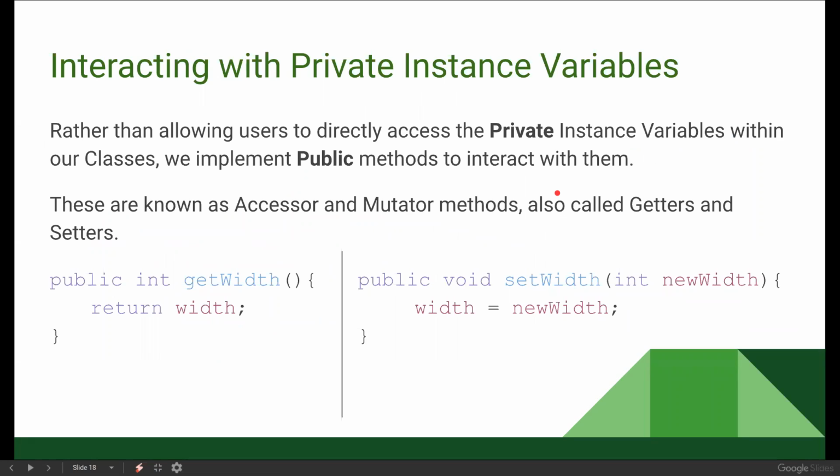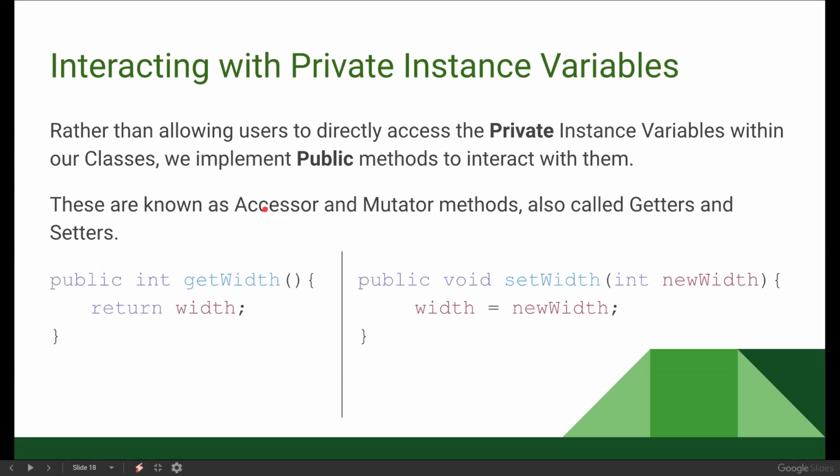So in order to actually let other classes interact with our private instance variables, we need to implement some public methods to interact with them. So these methods are called accessor and mutator methods, also called getters and setters.